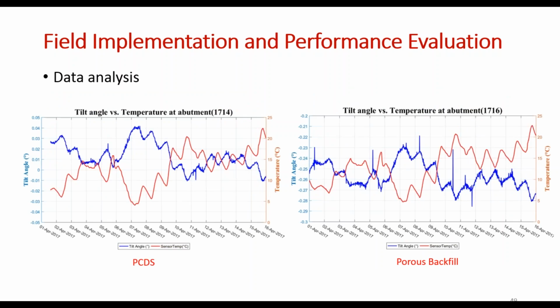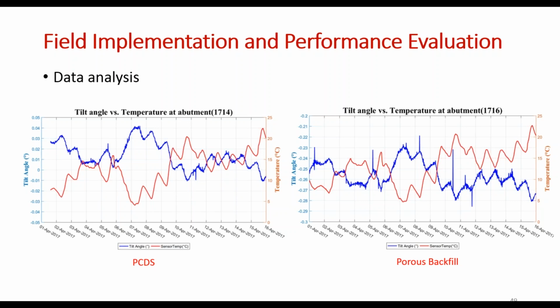Okay. So here we plotted the tilt angle together with the temperature, and you can see there is almost a perfect correlation between the tilt and the temperature. So when temperature increases, the deck expands and pushes the wall toward the backfill, so you have a little bit of tilt angle toward that. But when it's cold, it goes back.